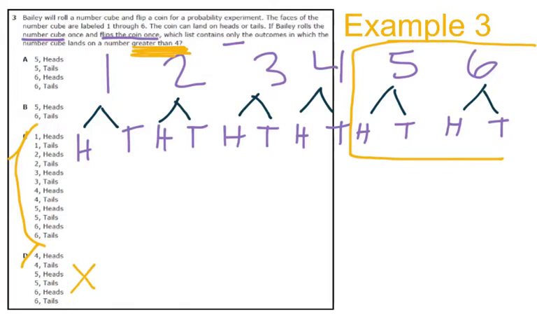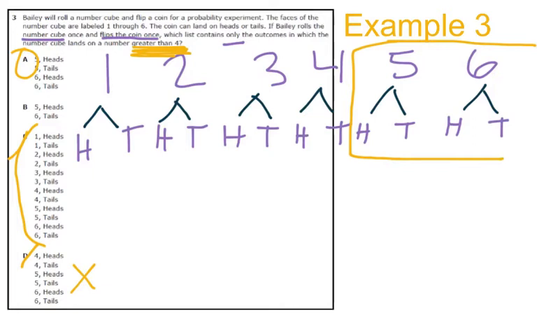B only lists one option for each. And so our answer is actually going to be A, because it lists both of our outcomes for rolling a 5 and flipping our coin, and rolling a 6 and flipping our coin. I want y'all to be very careful when you read your problems to make sure you don't get confused. All right, that's our last example.